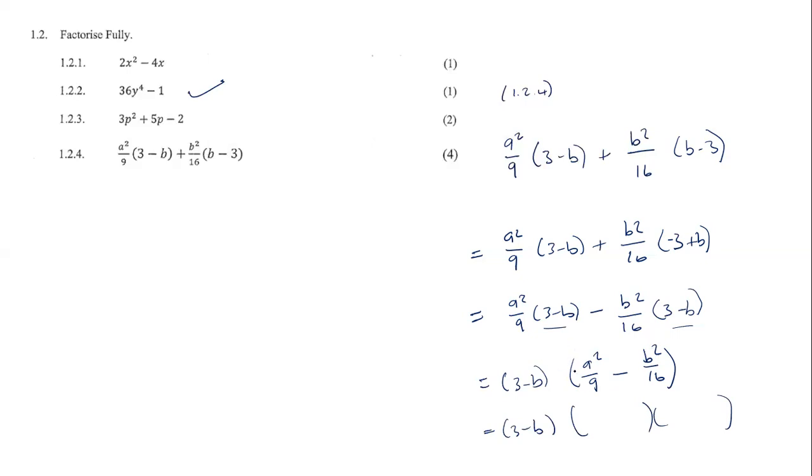What is the square root of a squared? It's a and a. What is the square root of 9? It's 3 and 3. What is the square root of b squared? It's b and b. What is the square root of 16? It's 4 and 4. These are perfect squares. Remember, one bracket is positive, the other bracket is negative. And therefore, this will now be your final answer.